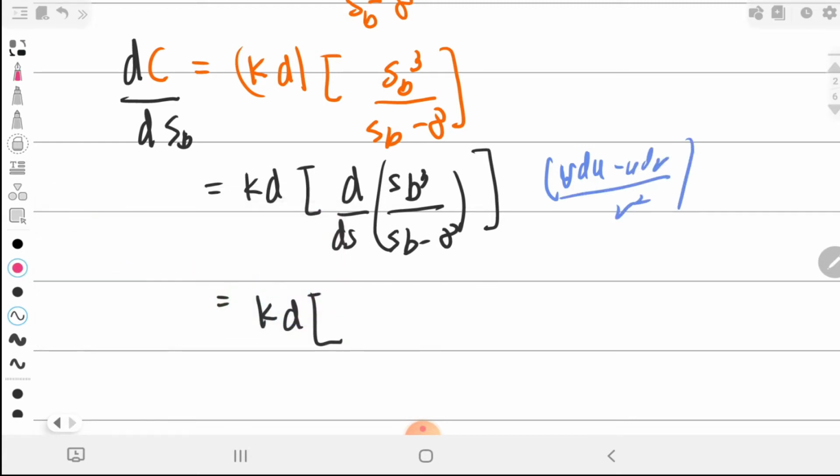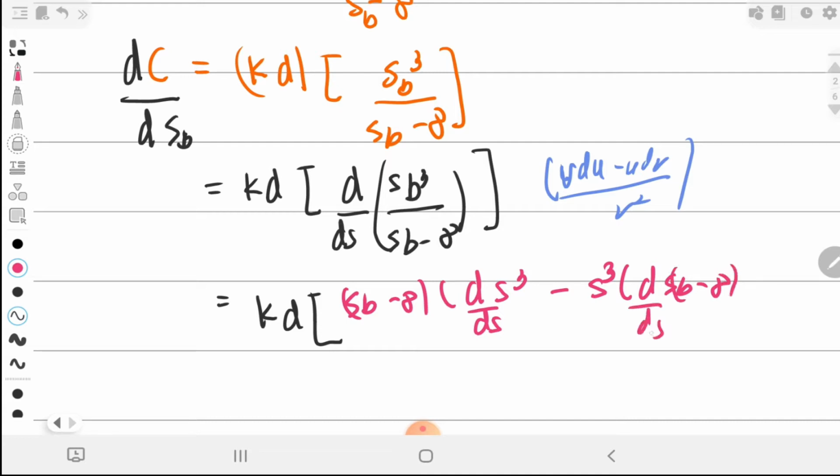So from that, we'll have v, which is SB minus 8, multiplied by the derivative of S cubed with respect to S, minus S cubed multiplied by the derivative of SB less 8 with respect to S, all over SB less 8 squared.